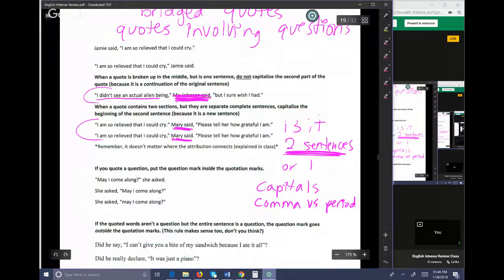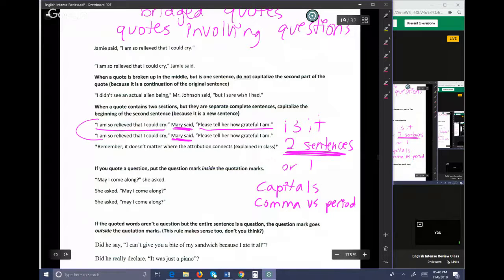The first step is you ignore the attribution, you read everything that's being said, and you make this determination: is it one sentence or two? On this first example, that's definitely one continuing sentence. You know for a fact that it is because of the word but. You can't have but start a sentence, so you know that's a continuation of the same sentence, where here you can see that that is two separate sentences.